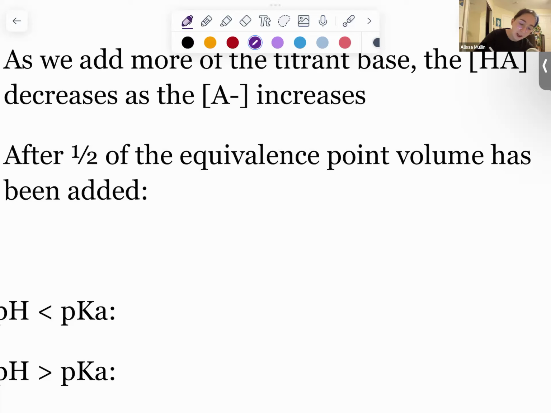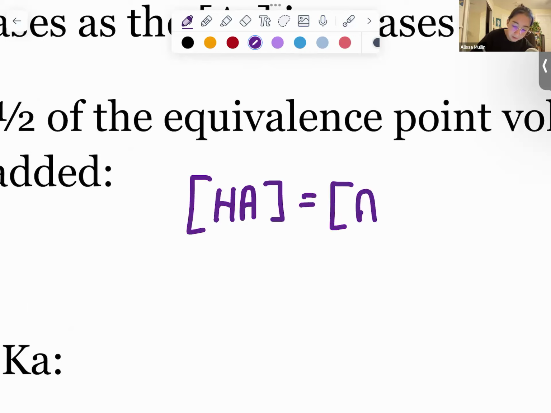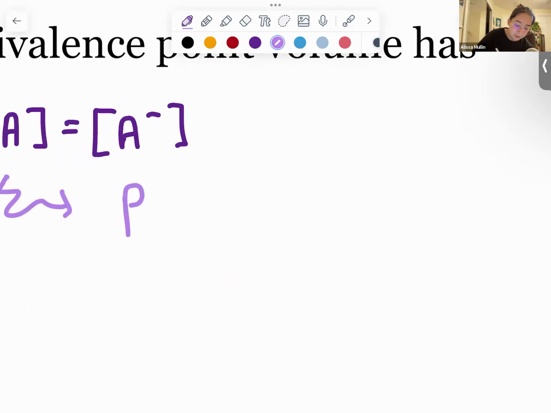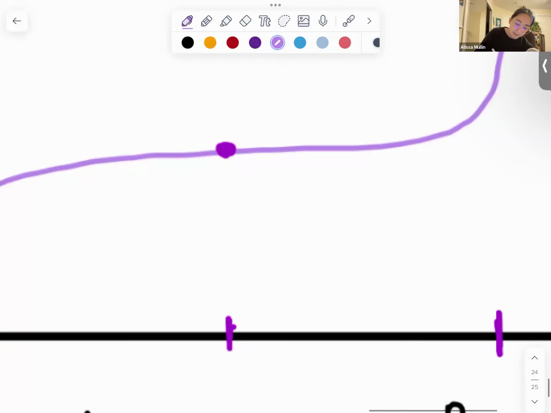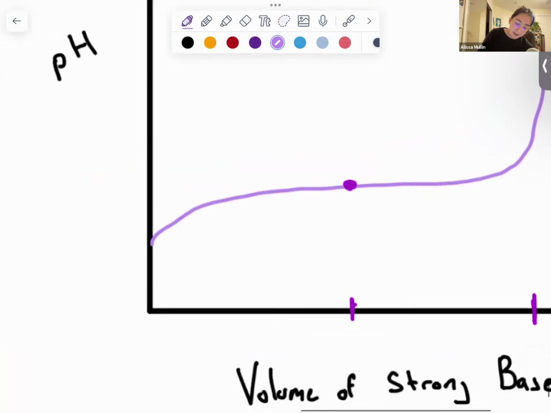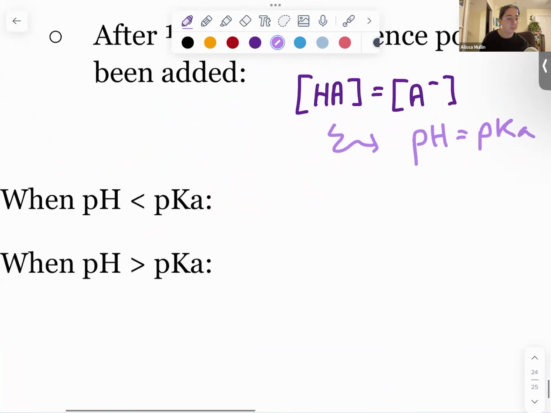But at the half equivalence point, our acid concentration is equal to our conjugate base concentration, which means that the pH at that point is equal to pKa. So right here at that point, that is pKa for whatever acid. Okay.